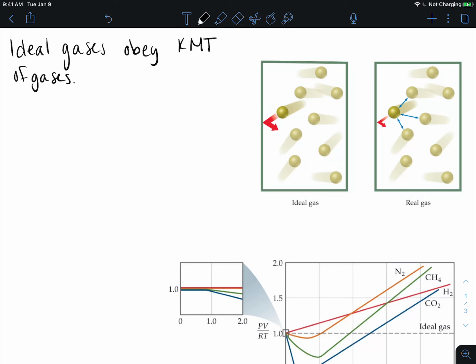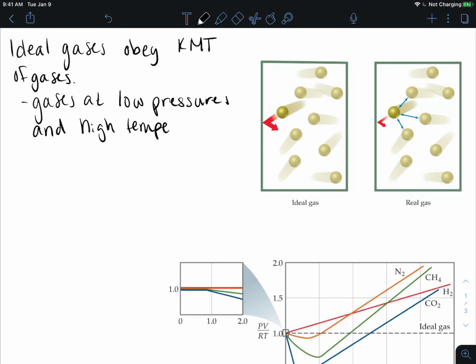Now, if we have a gas at very low pressures or high temperatures, it will behave ideally. When we're talking about low pressures, we're talking about low concentrations. And at high temperatures, we're talking about things that are going to collide and then keep going, so they're moving very, very fast.